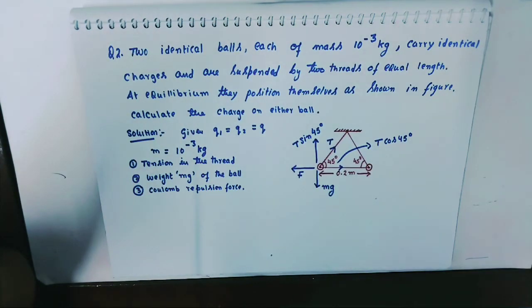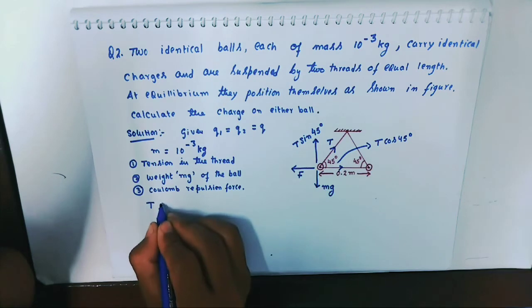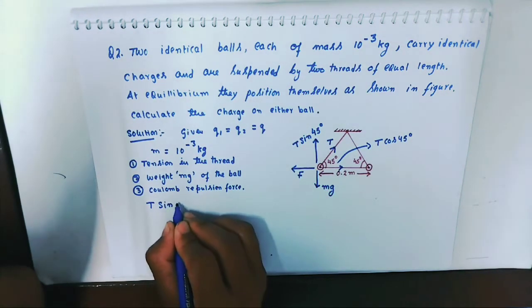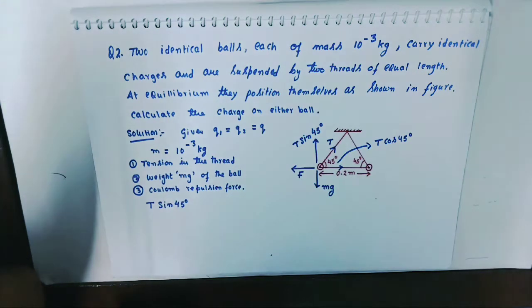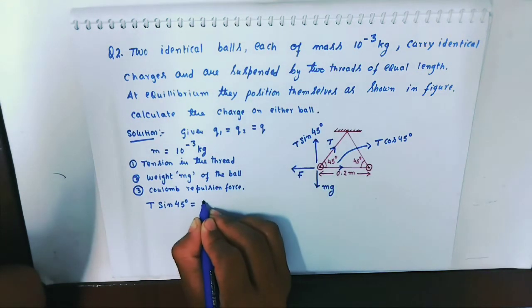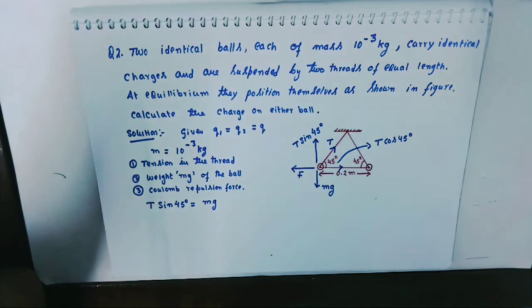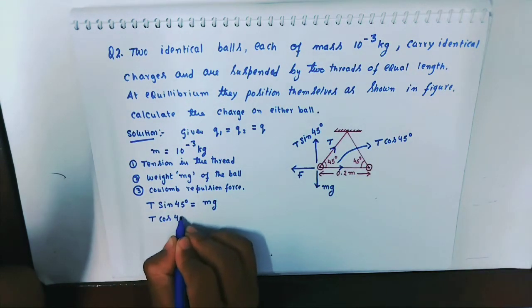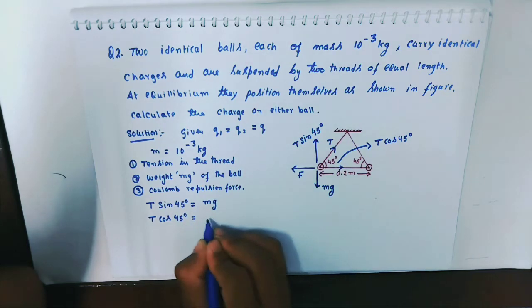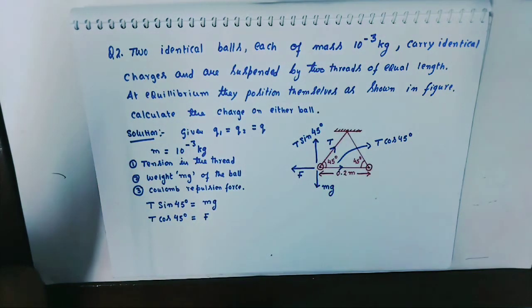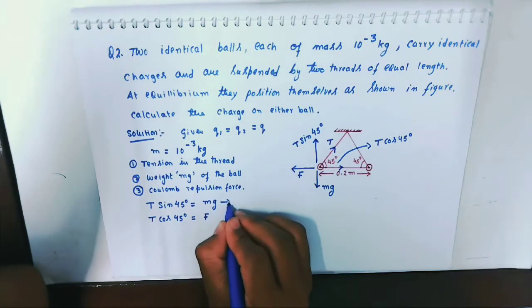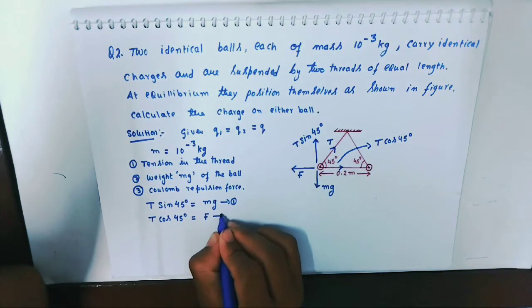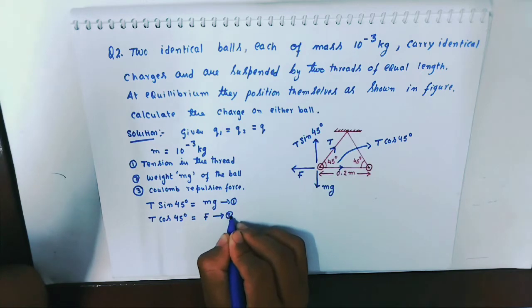Since the ball is in equilibrium, from here we can write T sine 45 degree is equal to mg, and this T cos 45 degree is equal to F. Say this one is equation 1 and this one is equation 2.